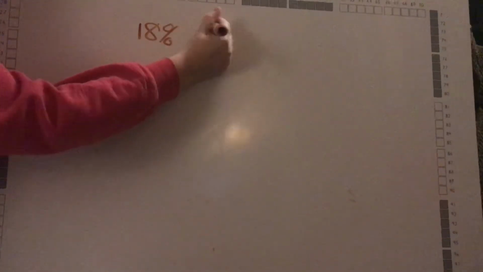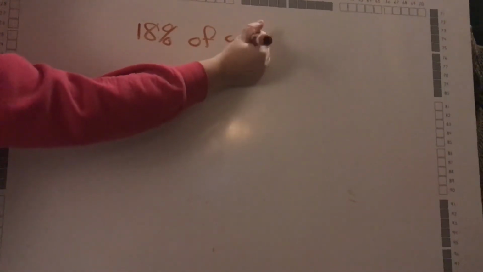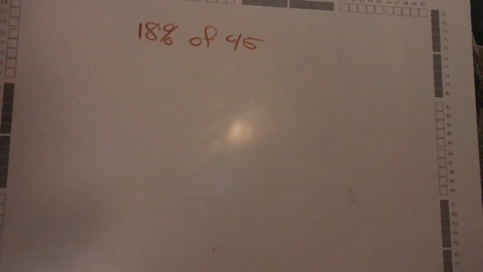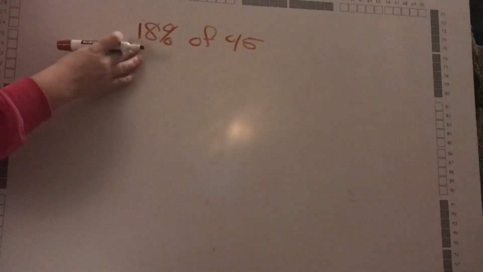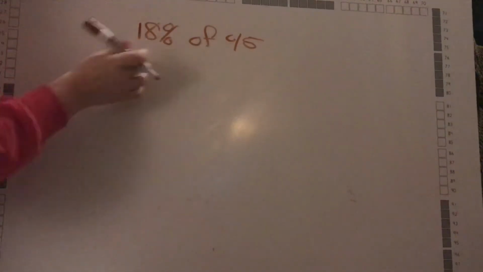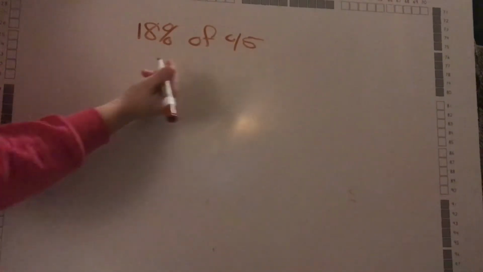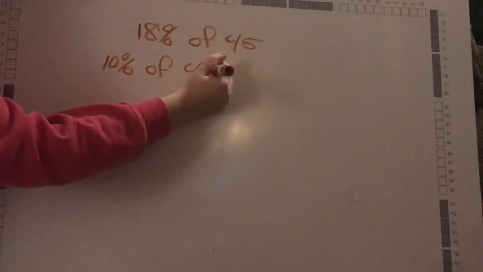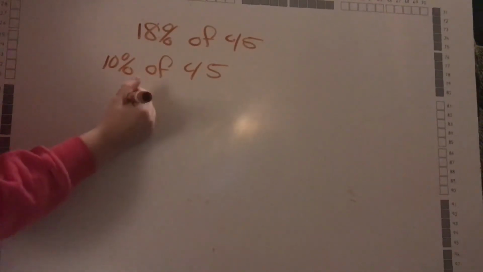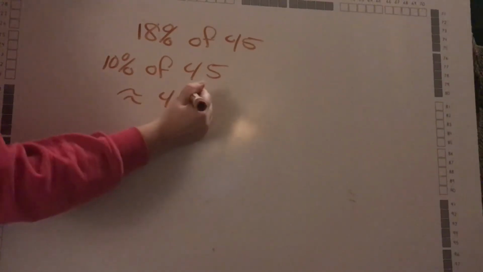So the next problem we have is 18% of 45. So they want us to use either 1% or 10%. So we're going to use 10% because 18% we're going to round up to 20. So 10% of 45 is about 4.5.